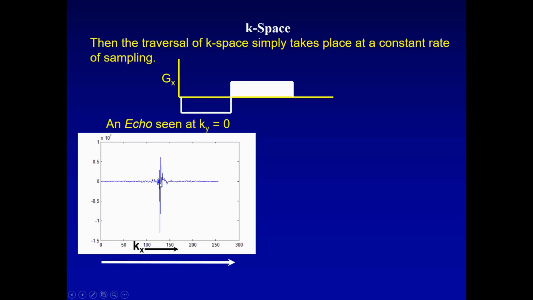You get a maximum signal, and then they spread out again according to their position. Because we know what the gradient strengths were, this is all very predictable. The computer knows what the value of Gx was for the read gradient, and it knows how to translate this trip across from time into k coordinates.